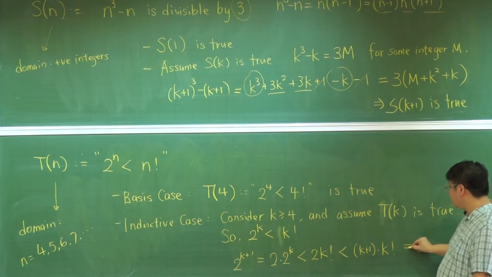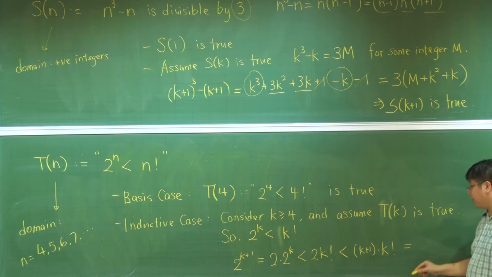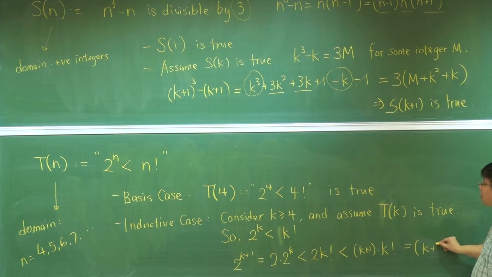K plus 1 times k factorial is k plus 1 factorial. So at this point, we have shown that 2 to the power k plus 1 is less than k plus 1 factorial. So this implies T k plus 1 is true.